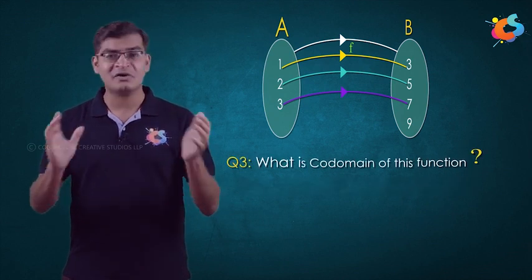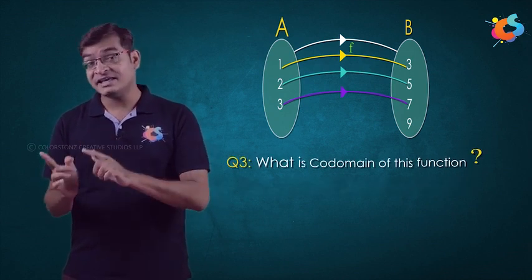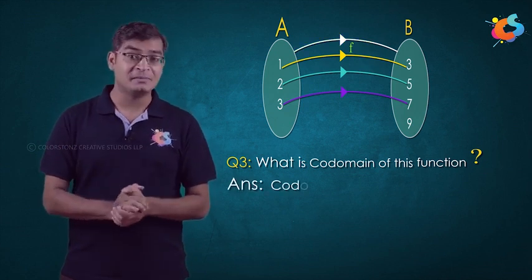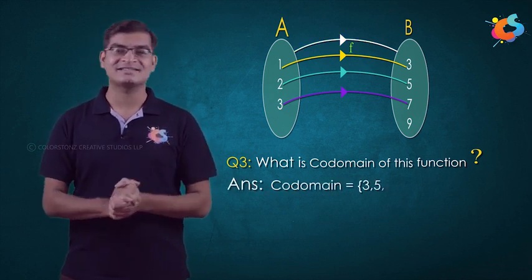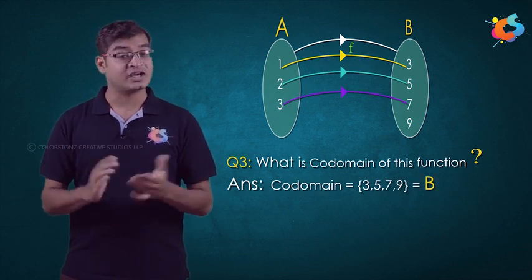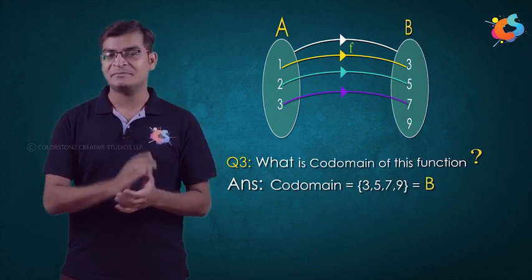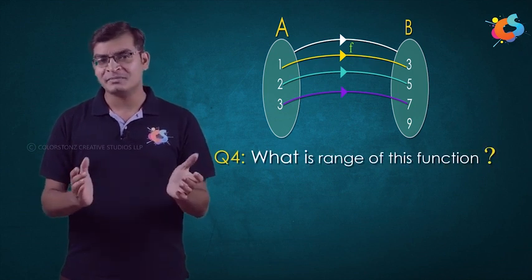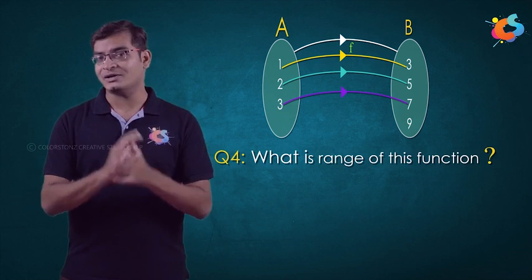What is the codomain of this function? f is mapping from A to B. So therefore, codomain will be the second set, and that is set B. What is the range of this function? Range is nothing but the set of output values.